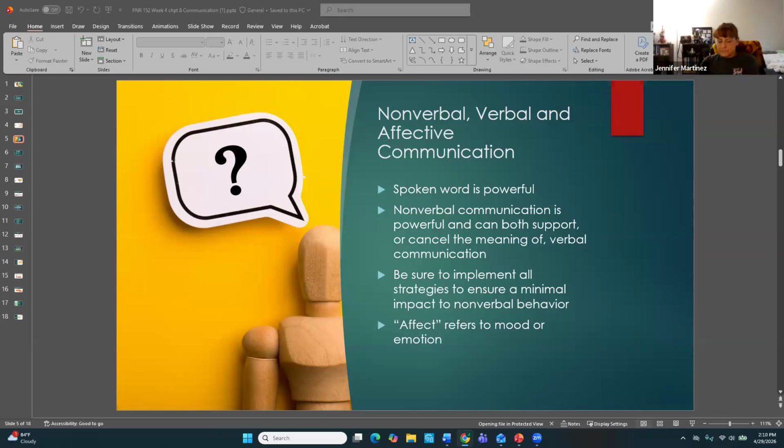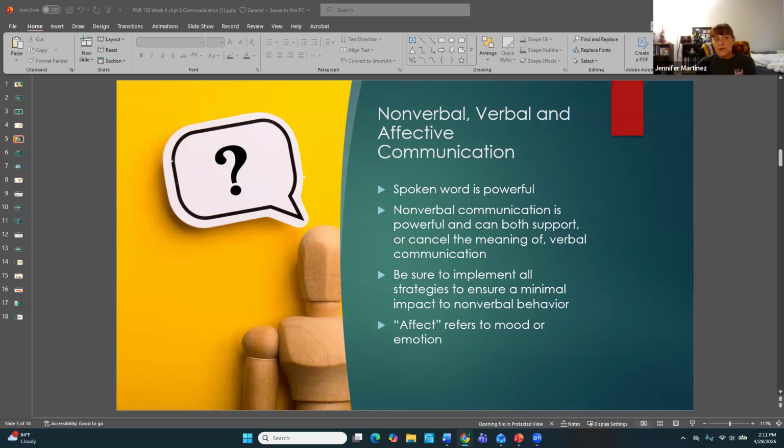Once you say something, you can't pull it back. And so when we are talking with patients, they may accept what you say as fact. It's the end all be all. And so we have to be very careful with how we communicate.